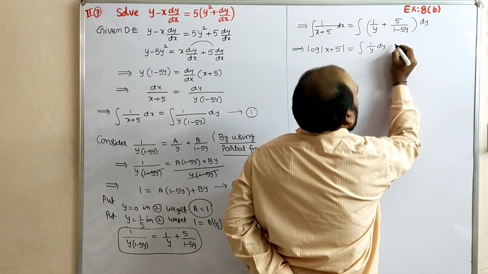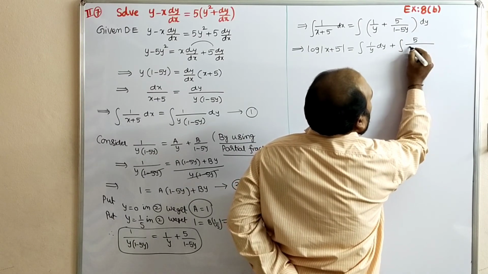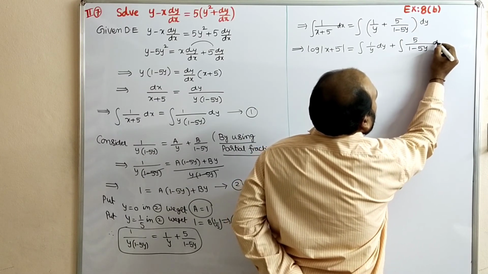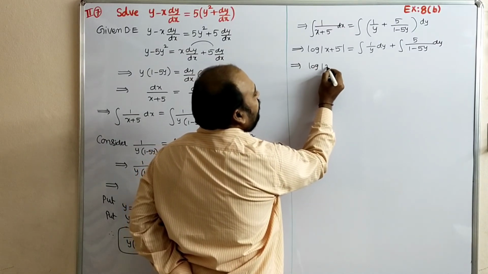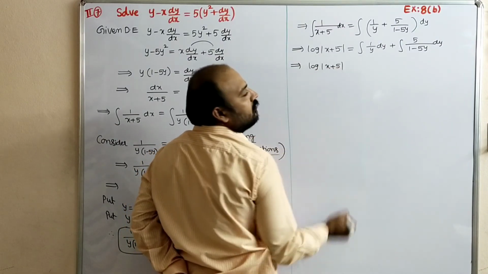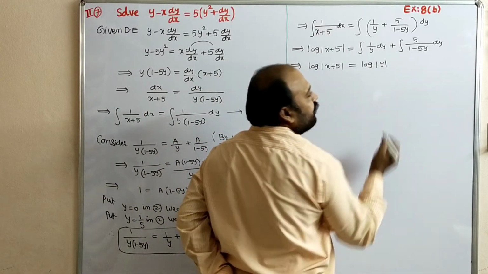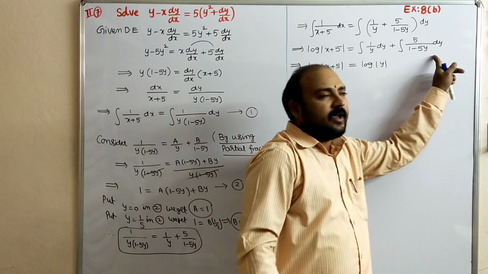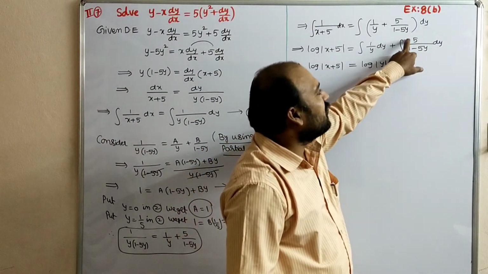Here, plus the integral of 5 by (1 minus 5y) into dy. So, log mod (x plus 5), integral 1 by y gives log mod y. For 1 minus 5y, whose derivative is minus 5, but minus 5 is not there in the numerator now.